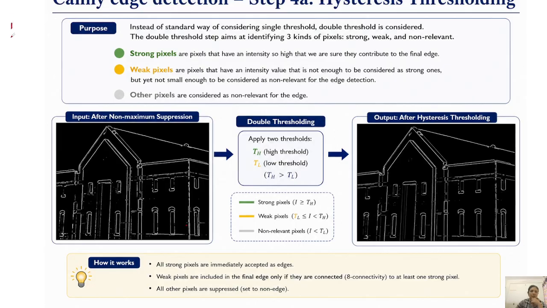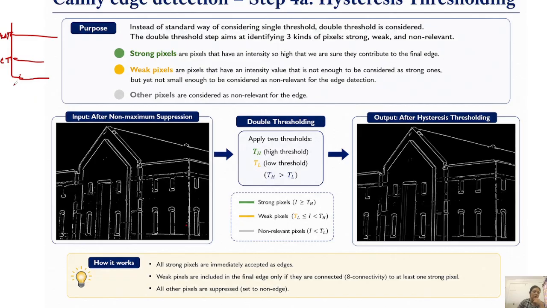So we can find a double thresholding like this. Two thresholds will be there. We have a lower threshold here and an upper threshold here. That is why we call it double thresholding.